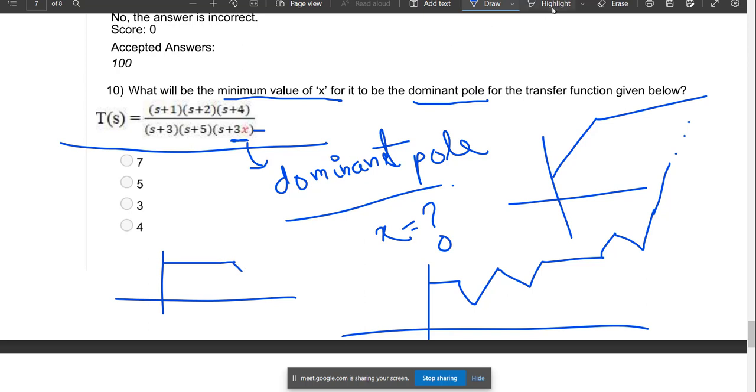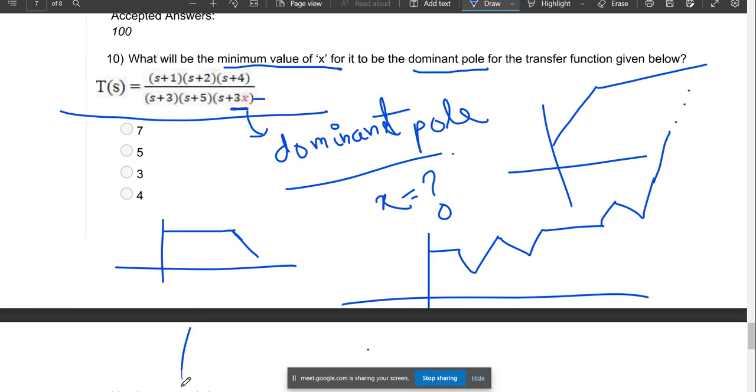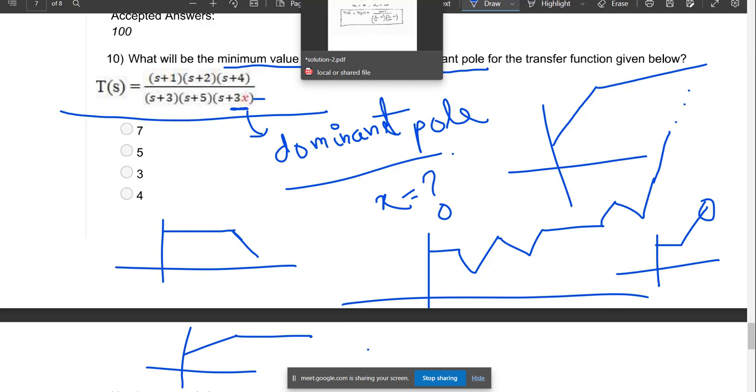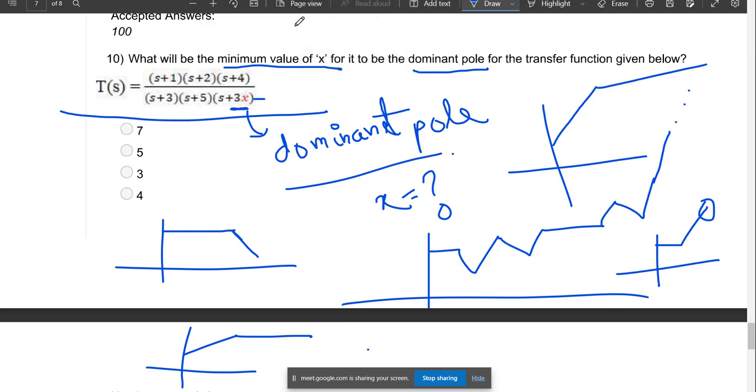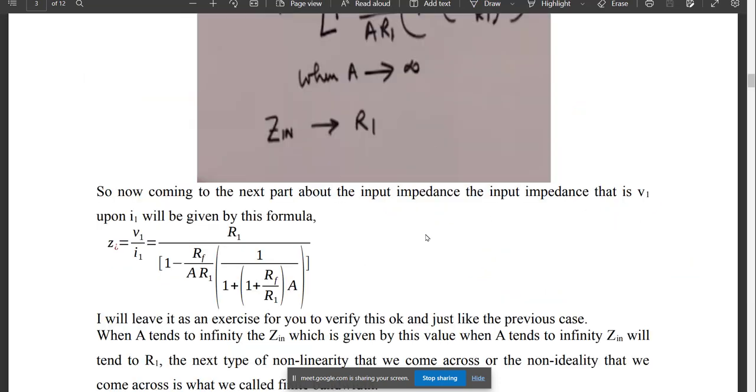It will become stable if at the end its slope is decreasing, or at least constant, not increasing. If at the end the transfer function is still increasing, then there is no dominant pole. With the help of the dominant pole, the system becomes stable, right?